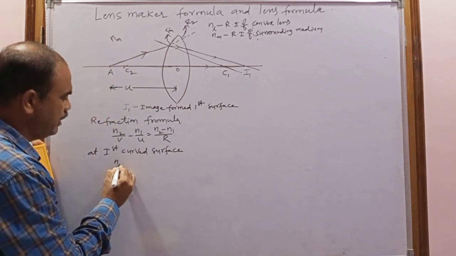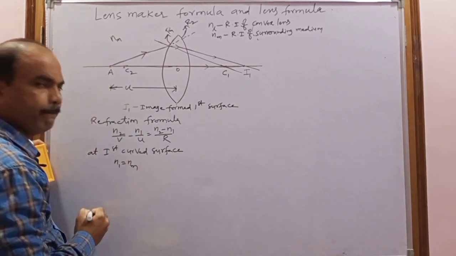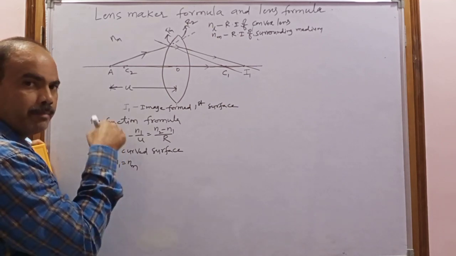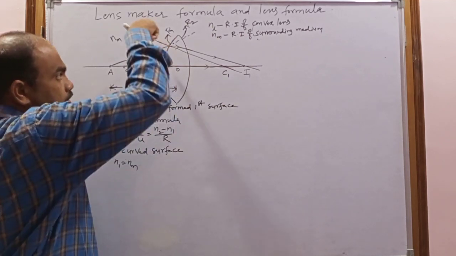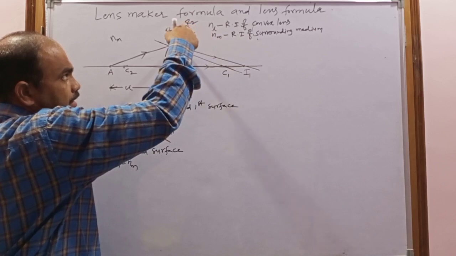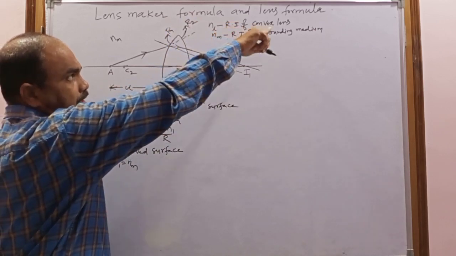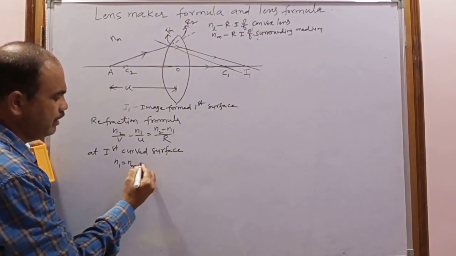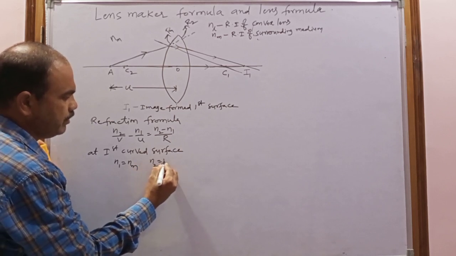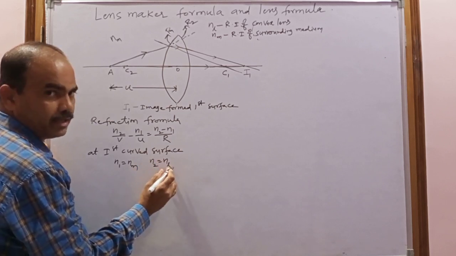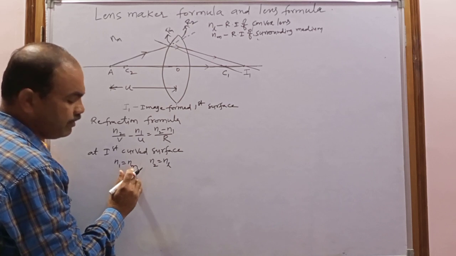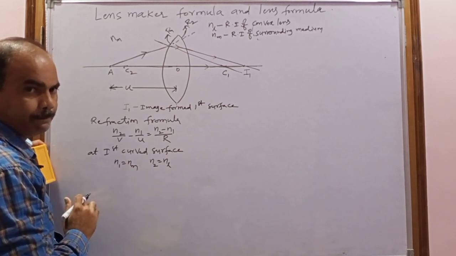So N1 is N suffix m. The refracted ray is traveling in the lens, so N2 is NL, the refractive index of the lens. N suffix m is the refractive index of the surrounding medium.